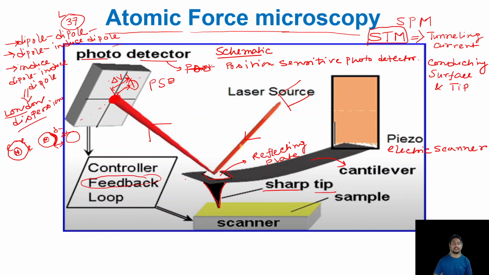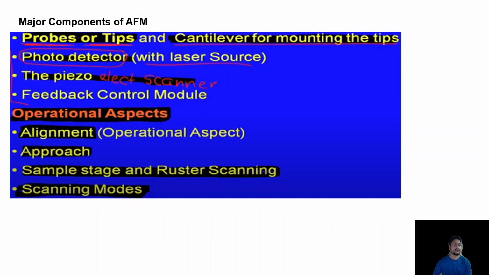So this is the basic schematic diagram of the atomic force microscope, right? From this picture you can see it has mainly four components: probes or tips, then the cantilever for mounting the tips.